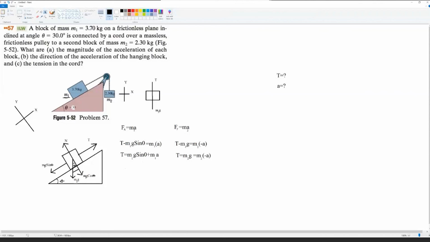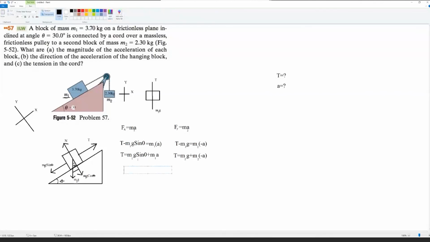Now we have the x side, solved for tension, all on one side, and the y side, solved for tension, all on one side. So we can set these two things equal to each other. Setting them equal should look something like this. We want to solve for the acceleration, so we need to get the acceleration all on one side. I'll go ahead and do that through the algebra.